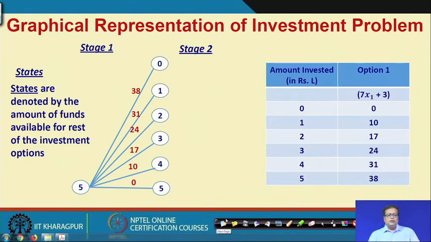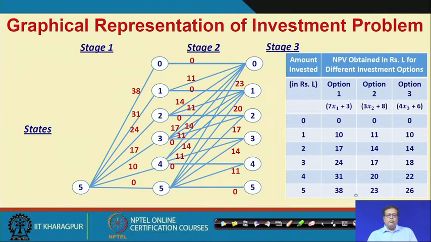Having said that, the next one is the graphical representation of the investment problem. We have already seen that we have come from stage 1 to stage 2. So what happens in the next stage? Now this graph looks slightly more complicated, but let us not get too overwhelmed by this.